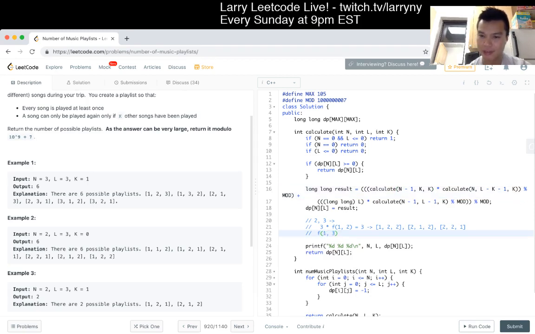So you have 1 letter with 3 letters, 1 remaining song with, well, no songs in between. So that's just equal to 1 times 2, 3. Is 2, 2, right? Yeah.